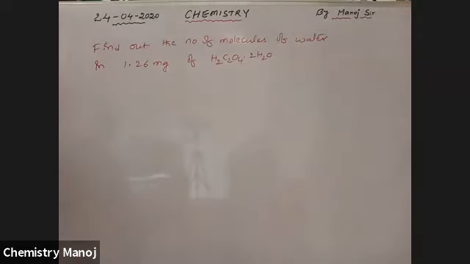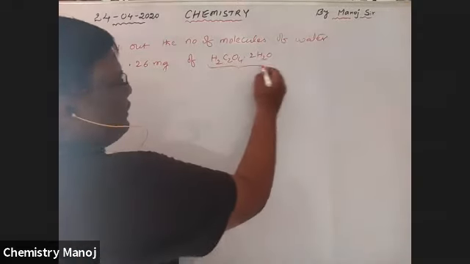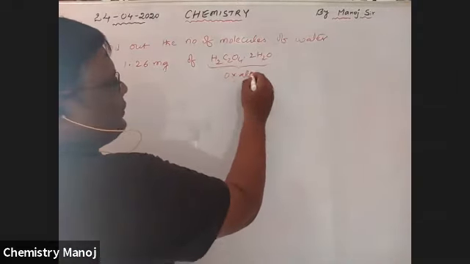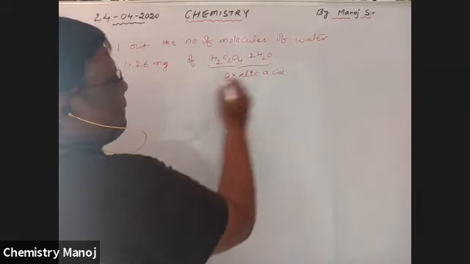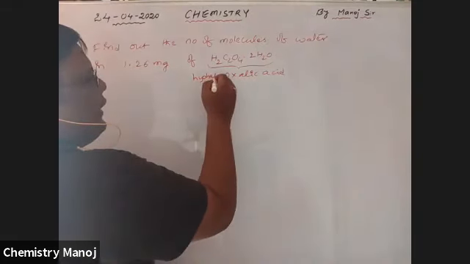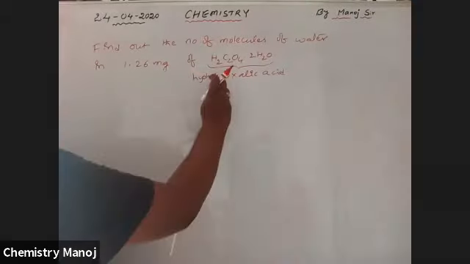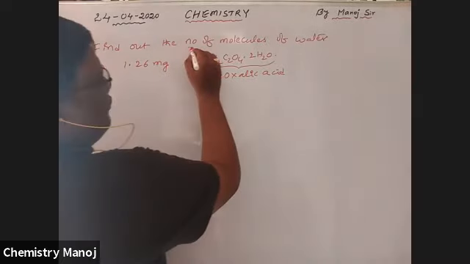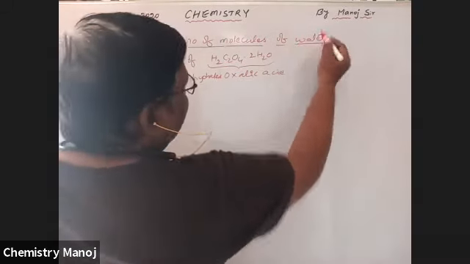That is called oxalic acid. The common name for this one is oxalic acid, hydrated oxalic acid. You want to find out the number of molecules of water.